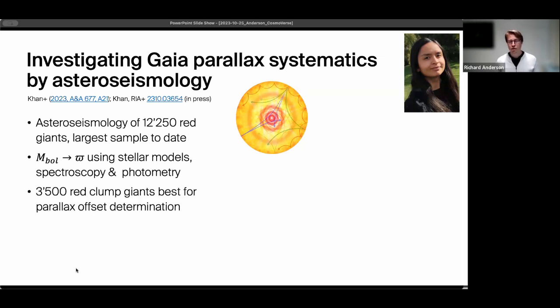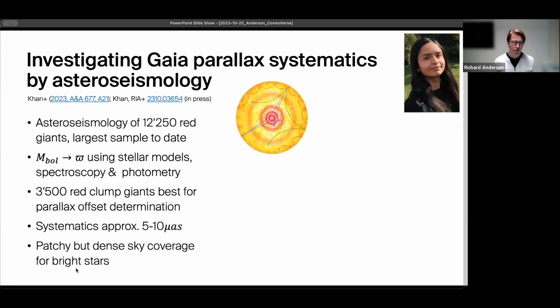The best comparison for Gaia parallax systematics turns out to be afforded by red clump giants. That's because they are, at a given magnitude, the brightest ones in our sample, but also because that allows us to do this all in a very homogeneous sample. And for this comparison, the systematics are of the order of 5 to 10 microarcseconds.